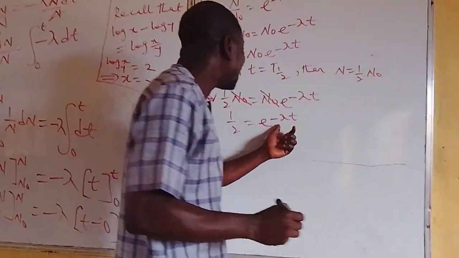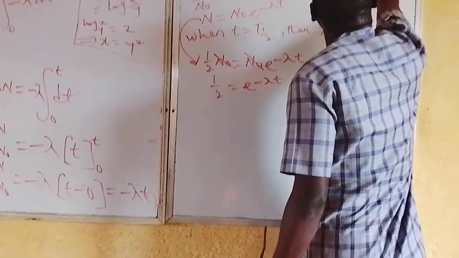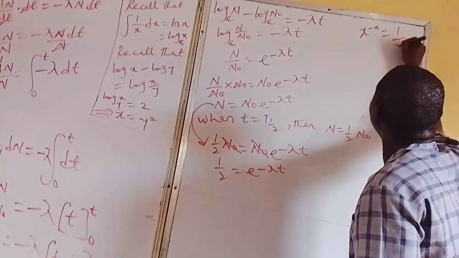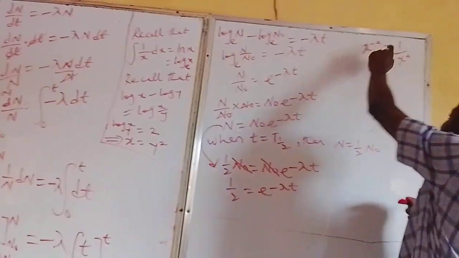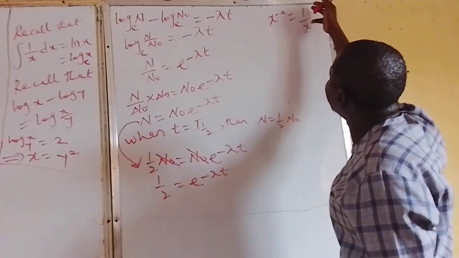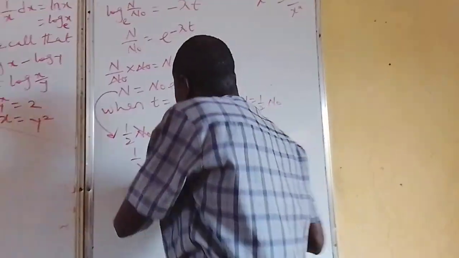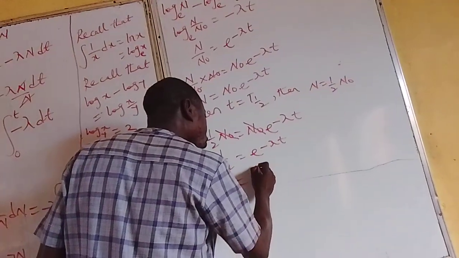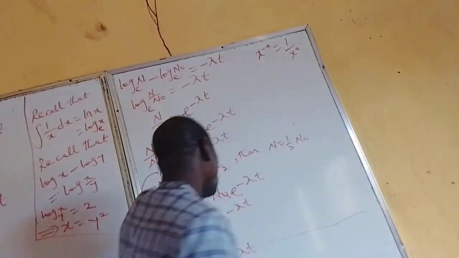Now, mathematically, from the law of indices, if you have x raised to power minus a, it can also be written as 1 over x raised to power a. So if we have a negative index, the way to write it is to say the reciprocal of the positive index. Similarly, I can rewrite this as half is equal to 1 over exponential lambda t, following this rule.